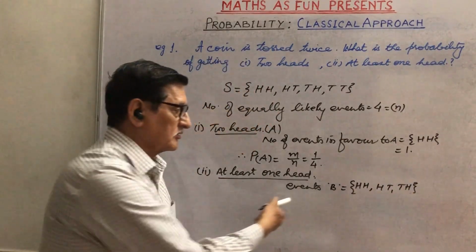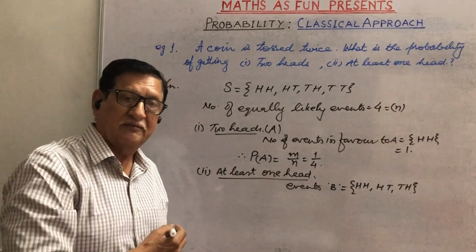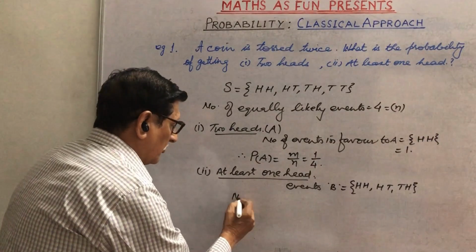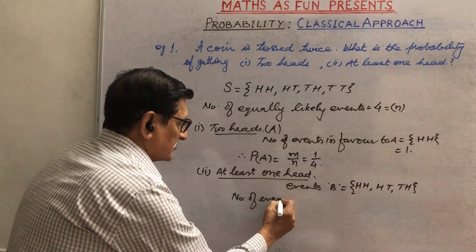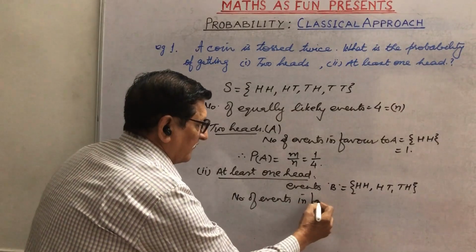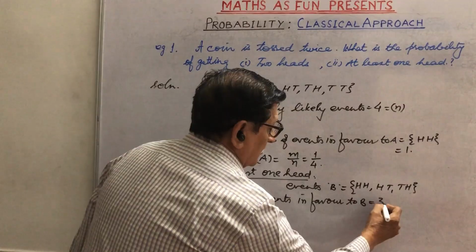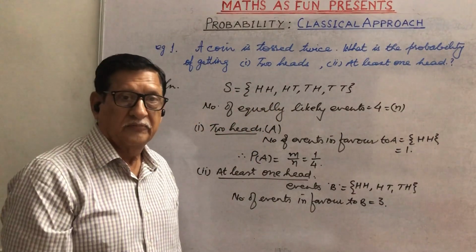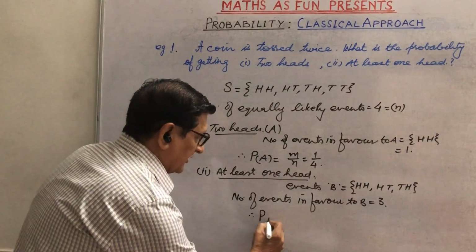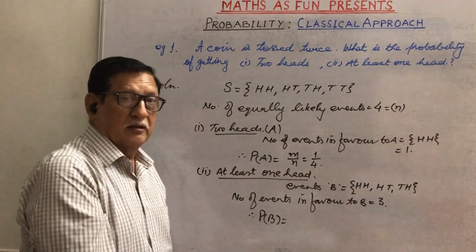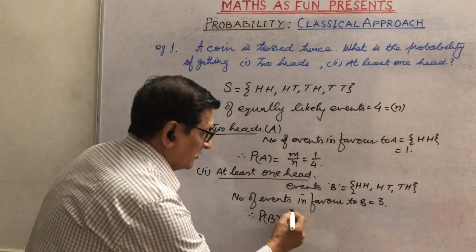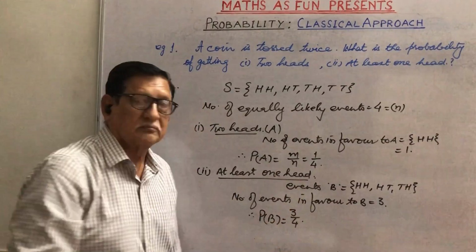Are we finding there are 3 events which are in favor of B? Number of events in favor of B is equal to 3. So the probability of B here will be, according to the definition, 3 upon 4.